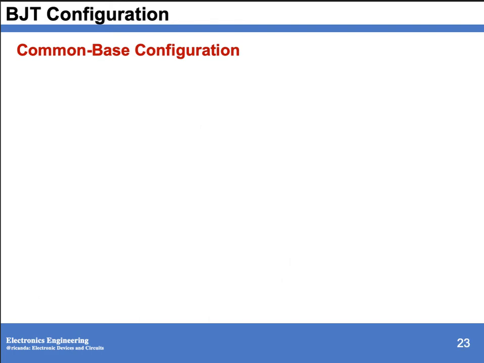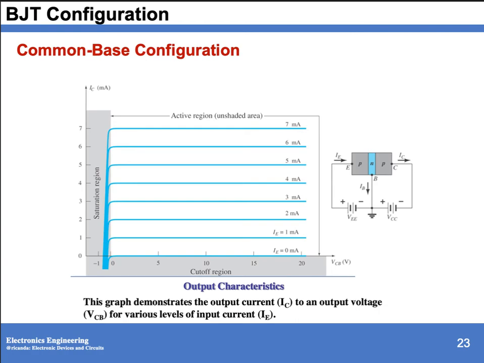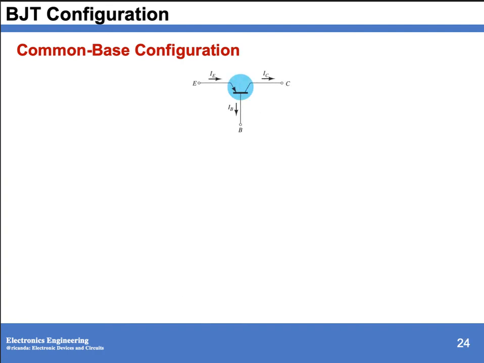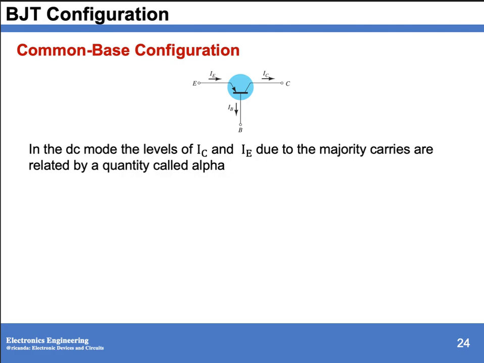For the output characteristic, this graph demonstrates the output IC to the output voltage VCB for various levels of your input current IE. In the DC mode, the levels of IC and IE, due to the majority carriers, are related by a quantity called alpha, which is a ratio between your output over your input.